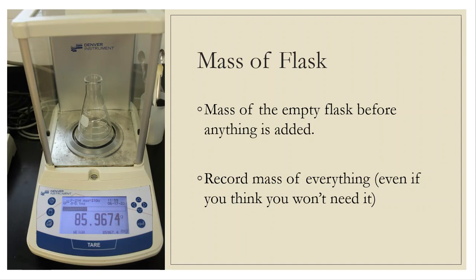So that way, if I forget about something, or if I don't fully understand what I'm doing, and I do need those masses in the end, I've not ruined my entire lab from that point. So I always record the masses of everything that we use in the lab. So there's the mass of the Erlenmeyer flask, and it's 85.9674 grams. So that is the empty flask at this point. Nothing's in it at all.